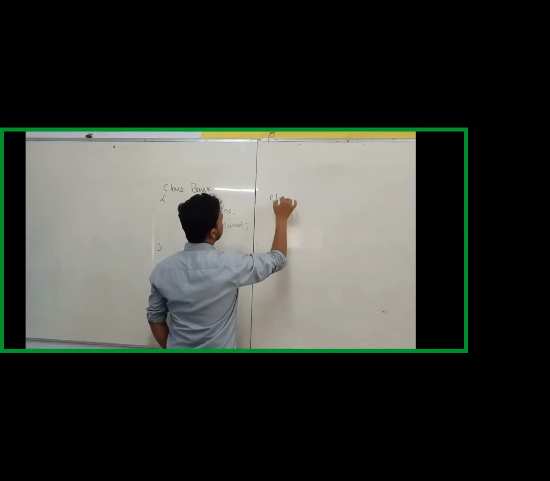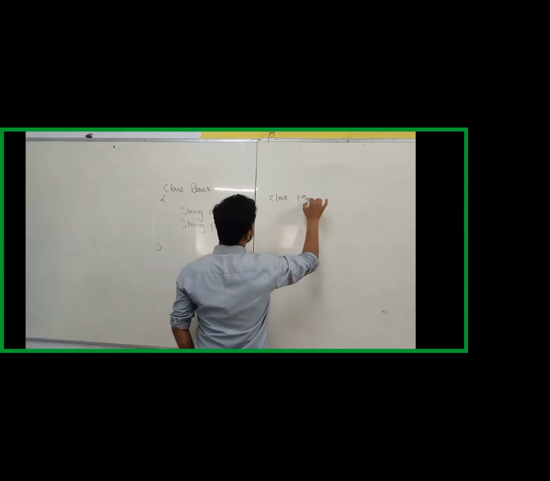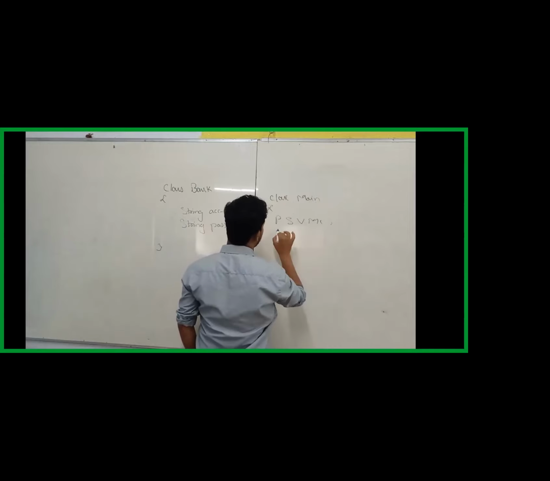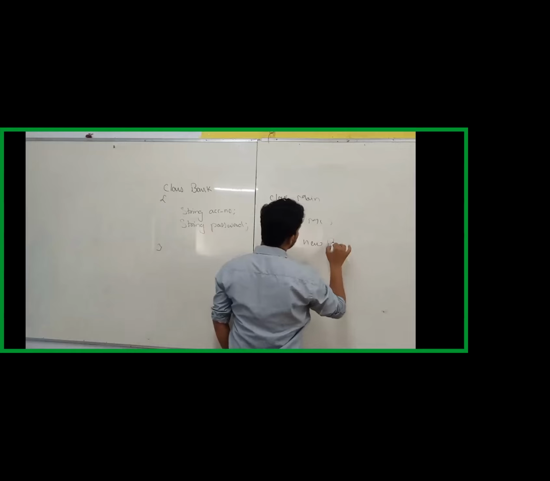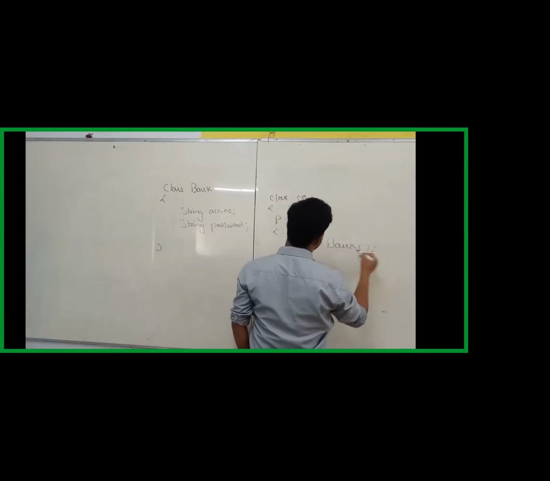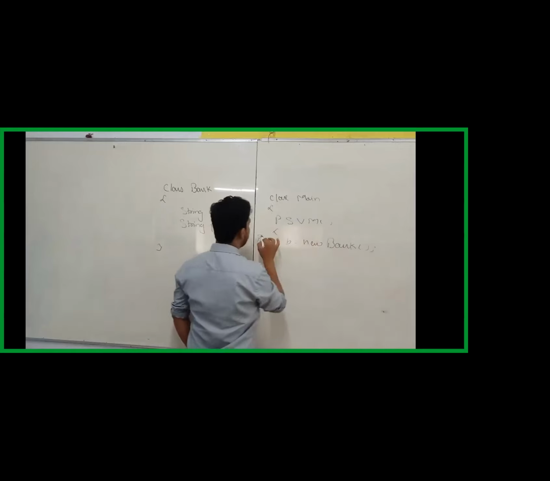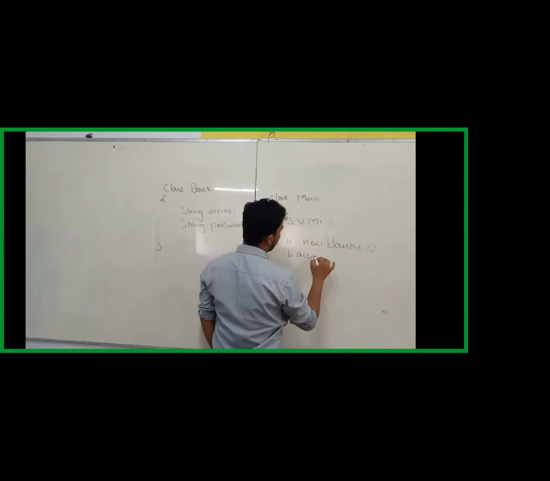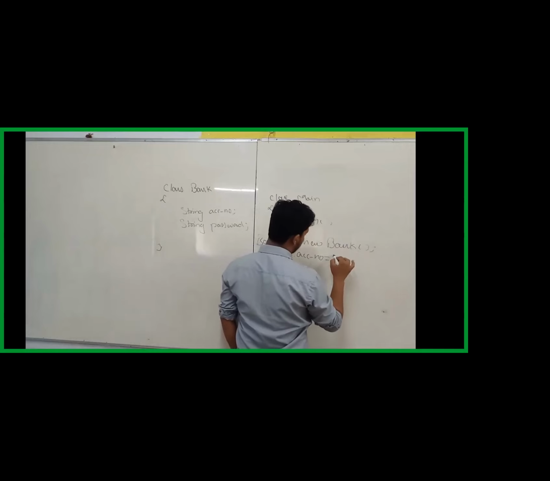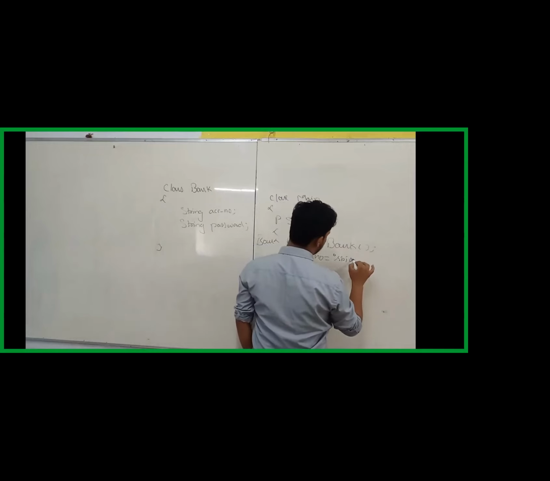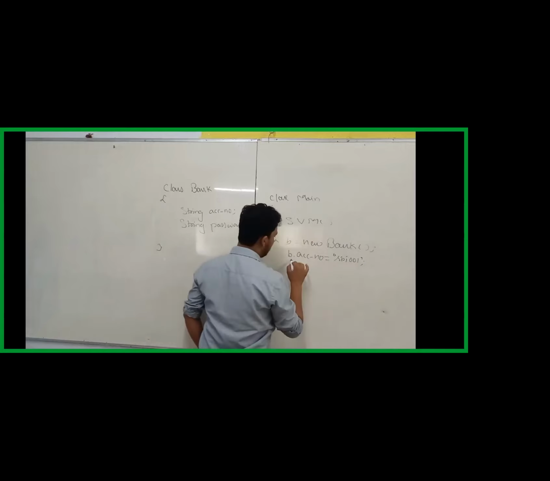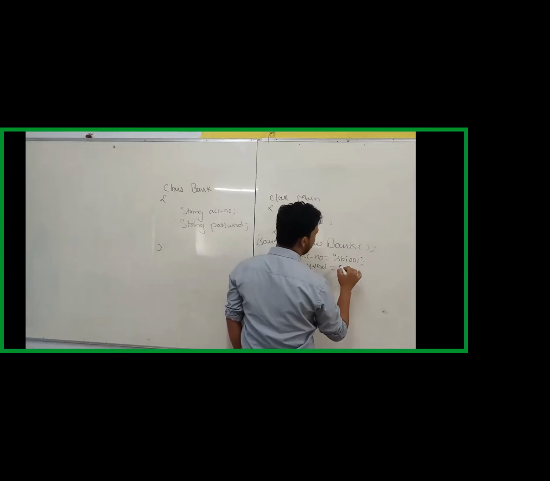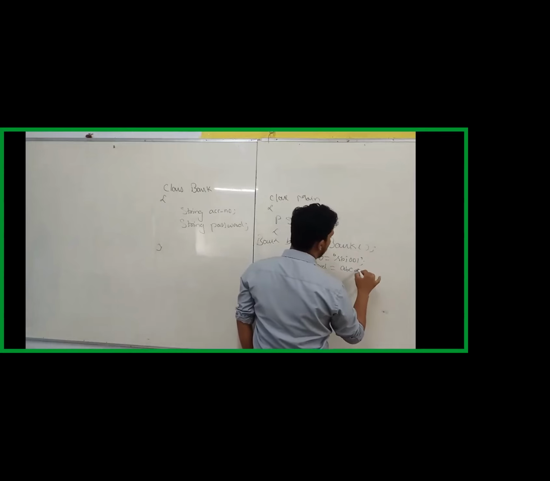Then class Main with public static void main. I'll write new Bank, assign it to B, which is of type Bank. B.accountNumber equals SBI001, and B.password equals ABC@123.